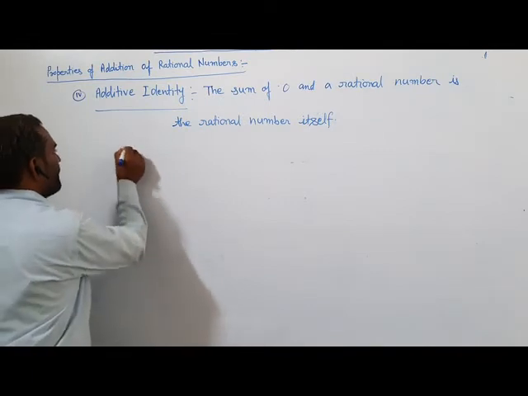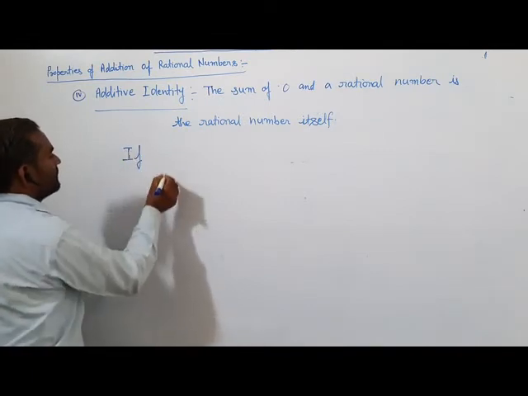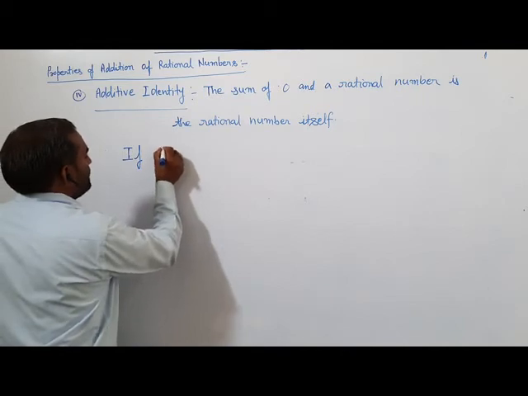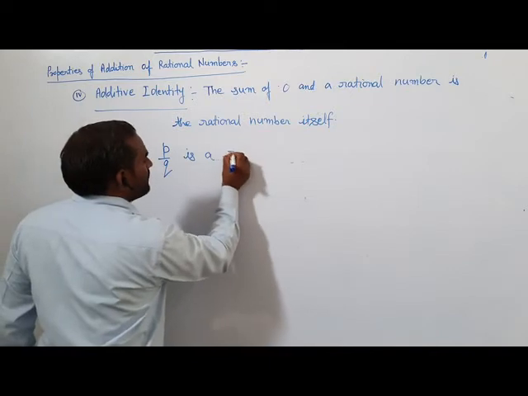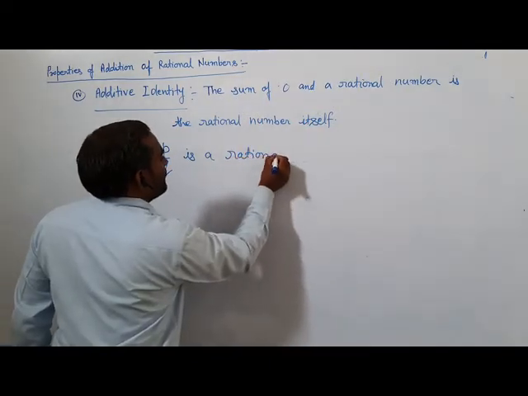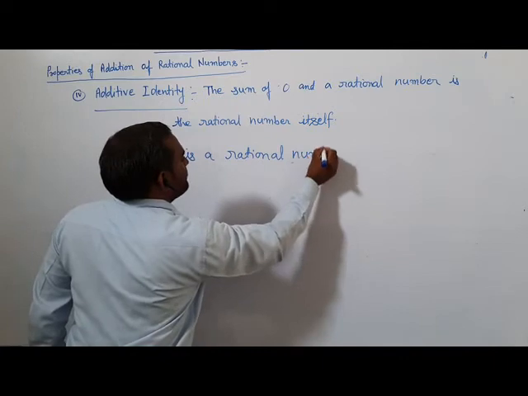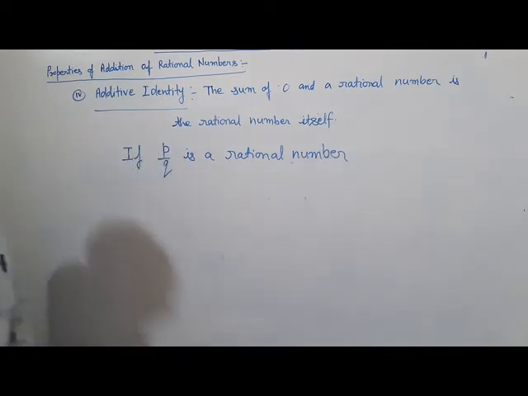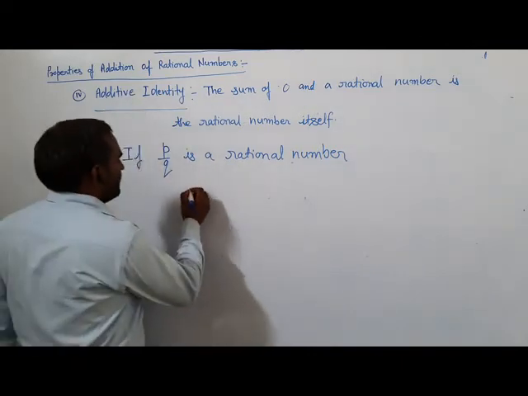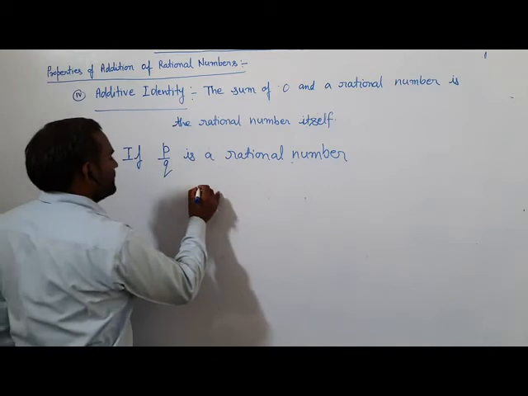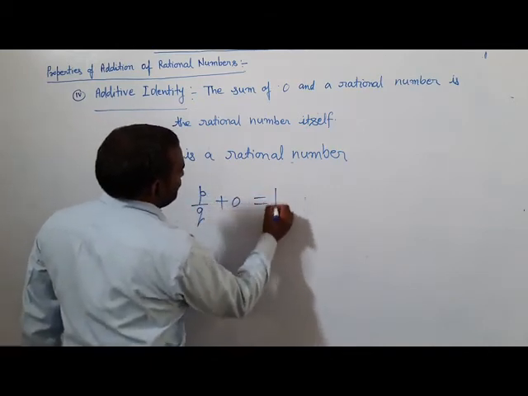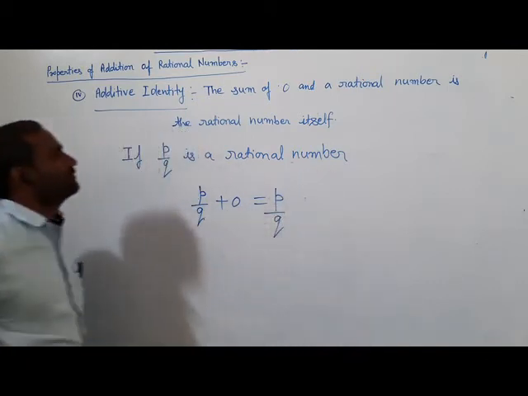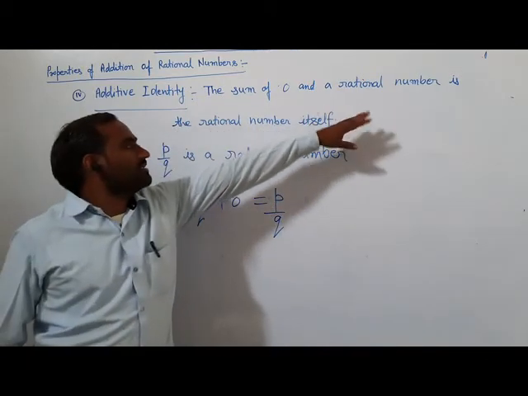If P by Q is a rational number, then according to the additive identity, P by Q plus 0 is equal to P by Q. The sum of 0 and a rational number is the rational number.